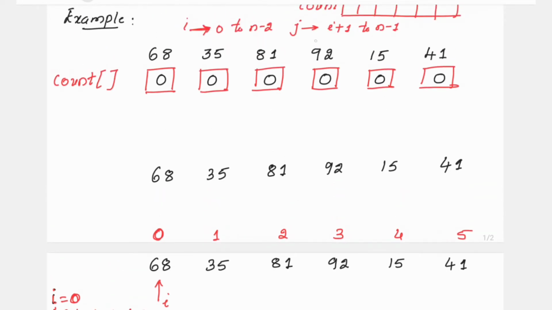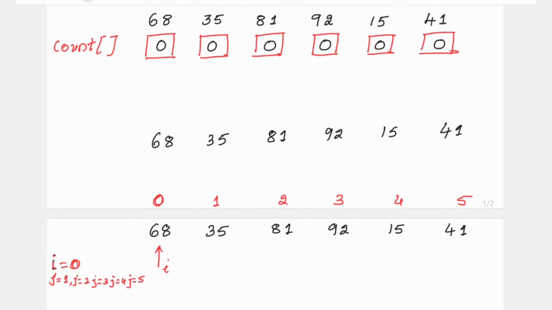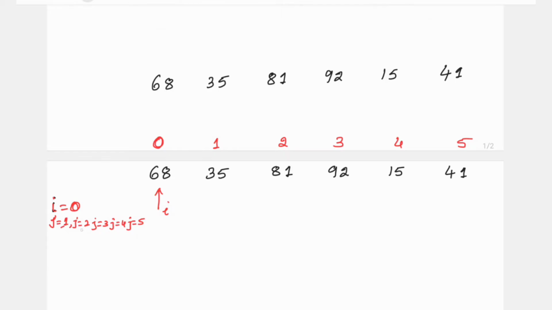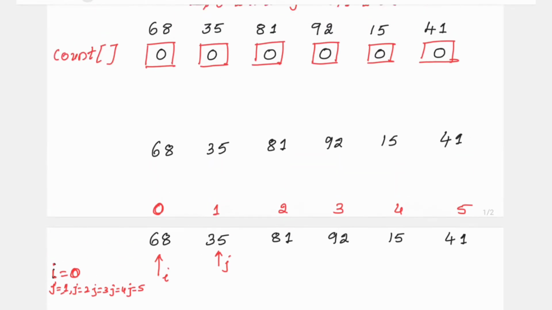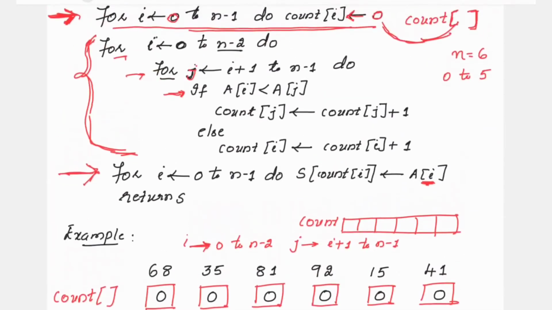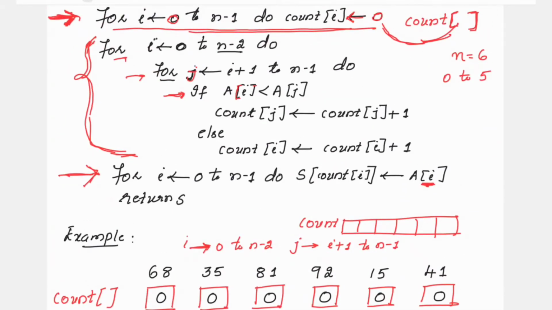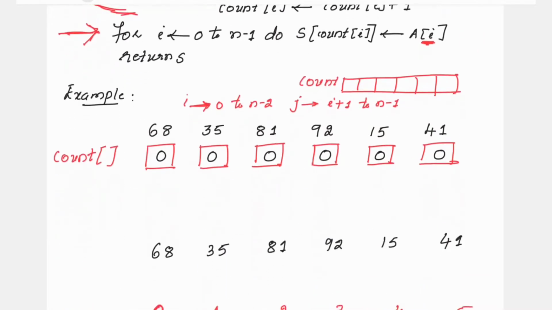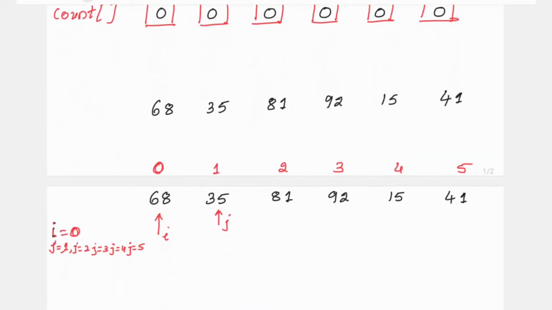This is what I am trying to tell you. j is operating from 0 plus 1 to n minus 1. Since n is 6, it will be 1 to 5, that is what I have written here, j equal to 1 to 5. Now the j pointer is pointing here. The pseudocode says you compare A of i with A of j. A of i is the first element in the array presently, and it is compared with A of j, the elements other than the first element.